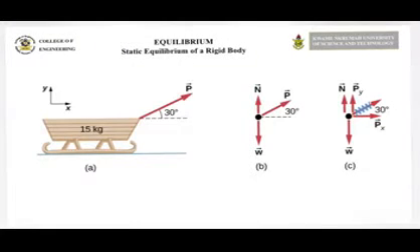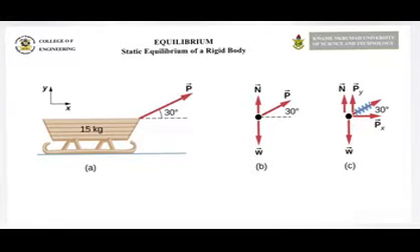Over here, a body of mass 15 kg has a force labeled P acting on it at an angle of 30 degrees. At point B, the body is being represented with a dot, and the body is exerting the weight onto the surface, and the weight is W. So weight is equal to mass times gravity.